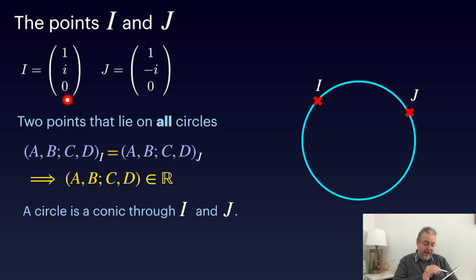On the other hand, you can consider the 0 here and observe that if they have a 0 in the last spot, this means they are on the line at infinity. So a different picture that one could draw is to say those 2 points are the intersection of the line at infinity with our circle.